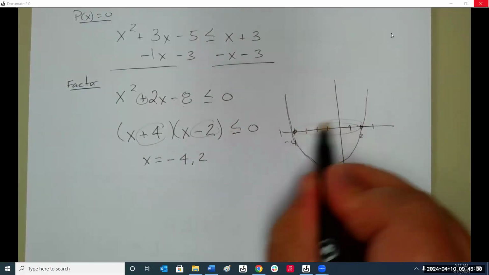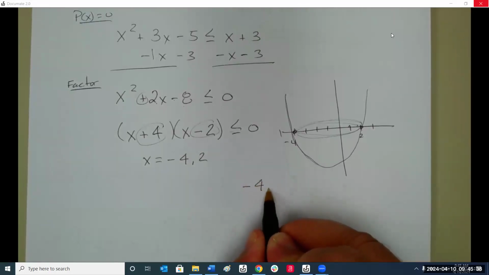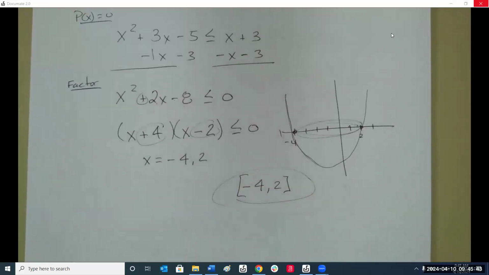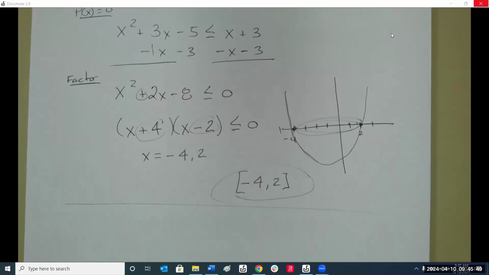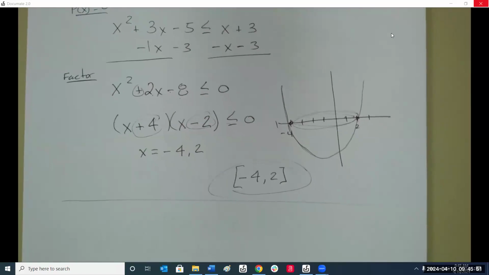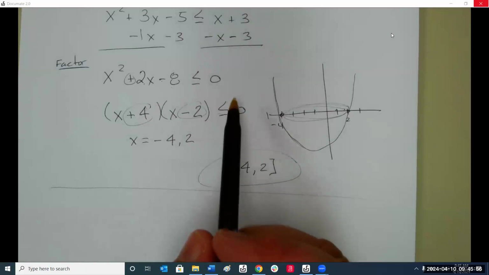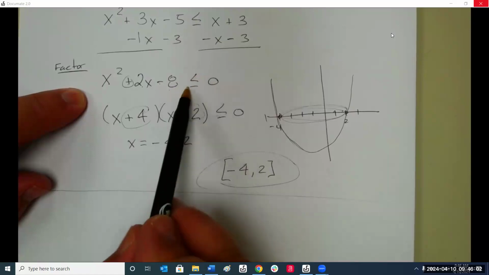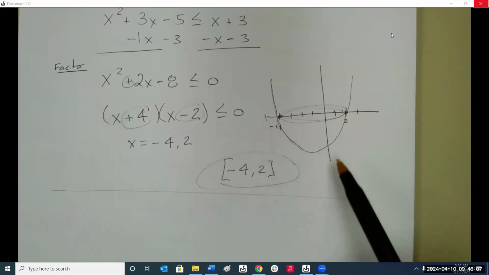So I only want this interval. Can I use the endpoints? So it's -4 to 2 brackets. That's my answer. The hardest part students have is figuring out what this really means. I want to know where the function is below 0. 0 is the x-axis. Where is it negative?